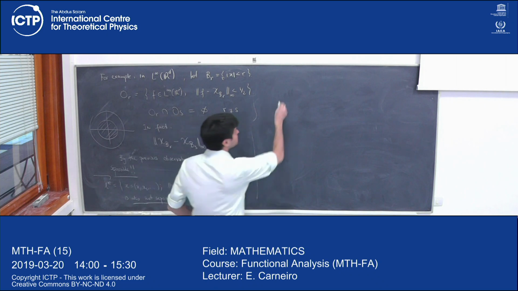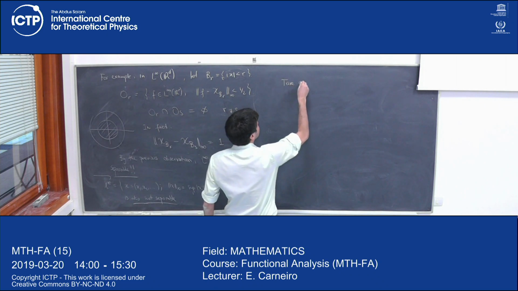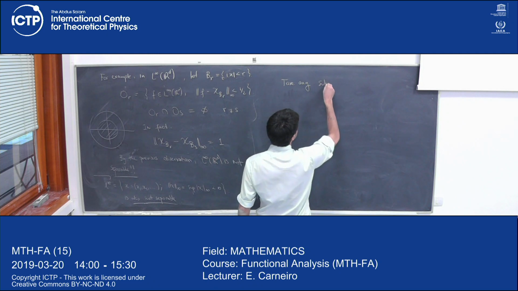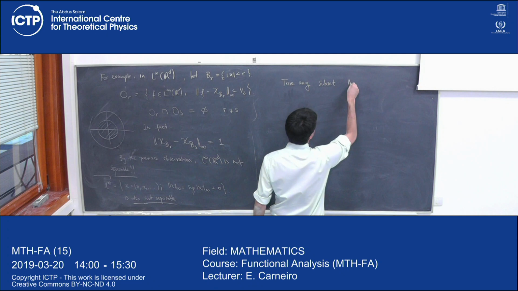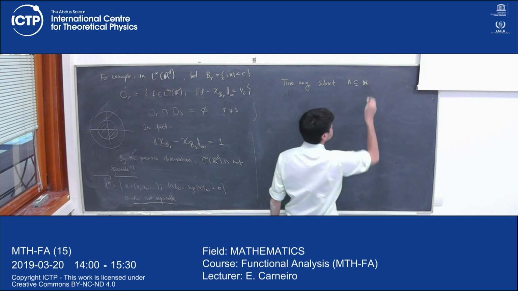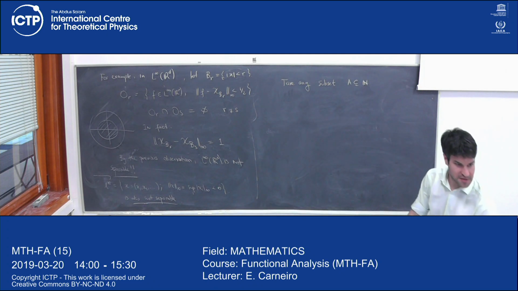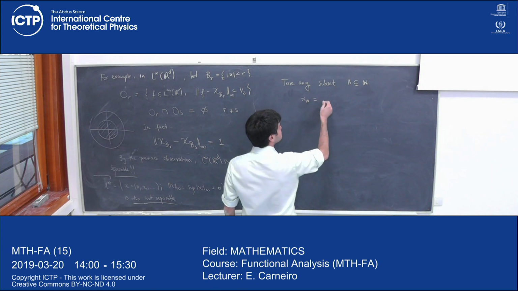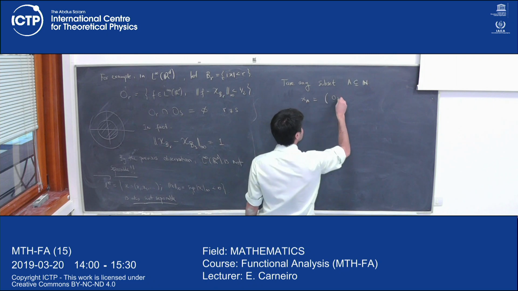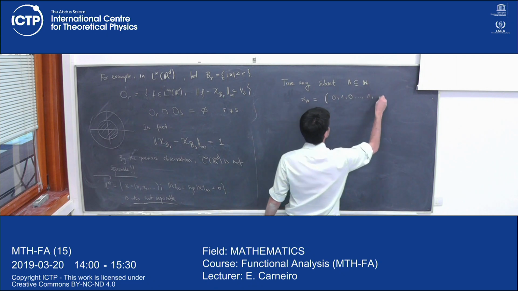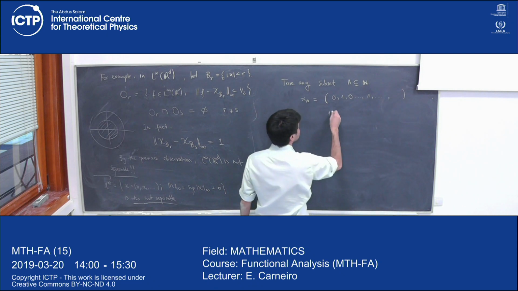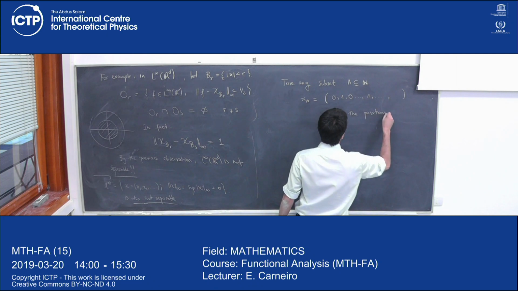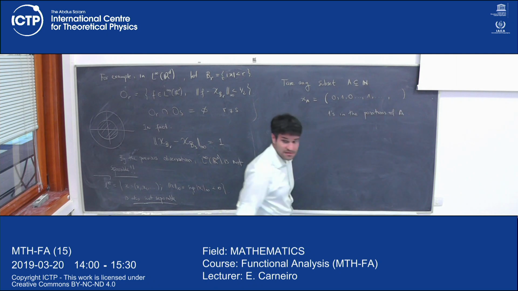So what you do is you take any subset A contained in the natural numbers, and you construct the sequence, say, XA, which is just like zeros and ones and zeros and ones, with ones in the positions of A.